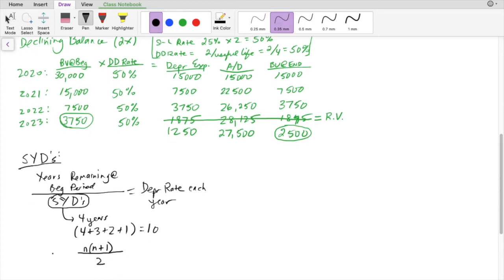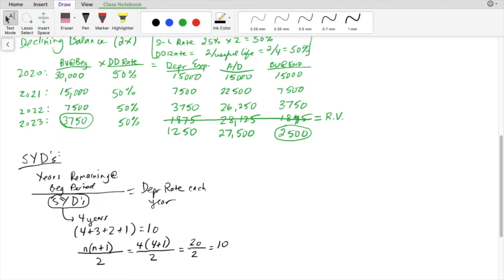So that's a little bit easier way to do it if you have a long useful life. So what would that look like for us? We would take 4 times 4 plus 1, which is 5, divided by 2. So 4 times 5 is 20, divided by 2 gives us 10. So we get the same number.